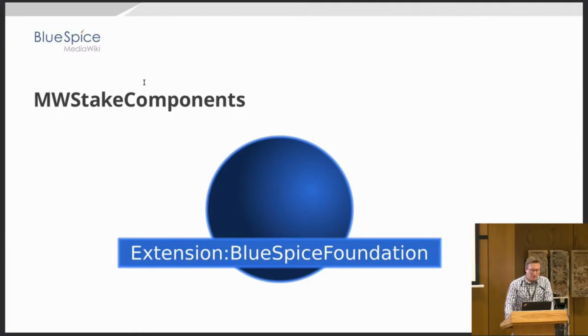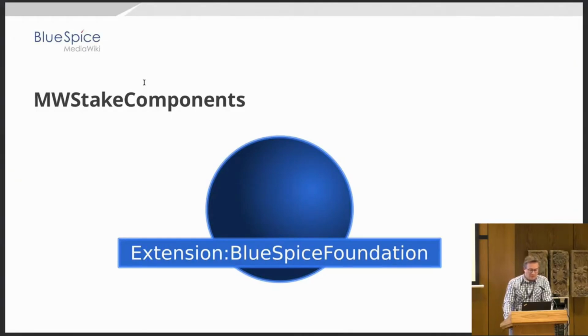For that reason, we created one keystone extension called the BlueSpice Foundation, which featured a lot of functionality that could be reused all over our other BlueSpice extensions, and which should make the functionality of all the extensions more aligned with each other, like error handling, dealing with input and output, stuff like that. And to ease the development here.